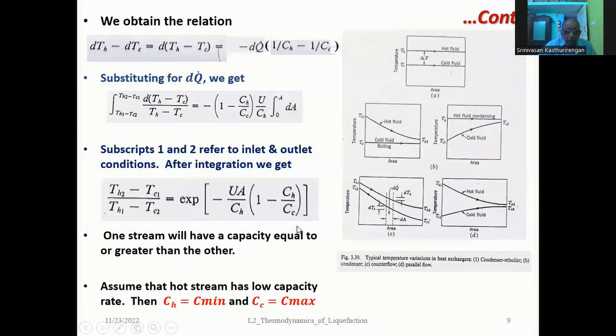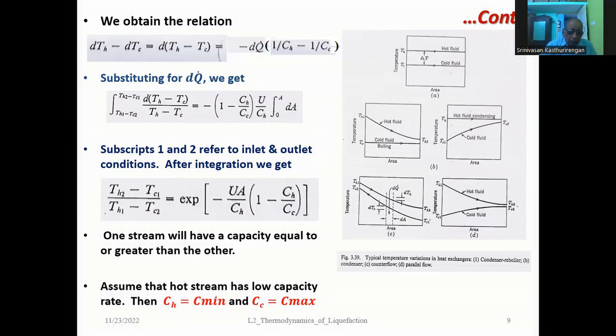Now we can obtain the relation, we can subtract dTh and dTc. That is nothing but d of Th minus Tc, which, if you write the corresponding equations for the hot and cold fluids, will be nothing but dQ dot into 1 by Ch minus 1 by Cc.